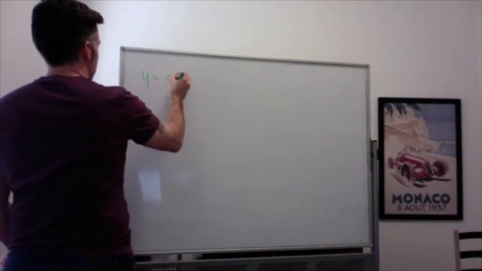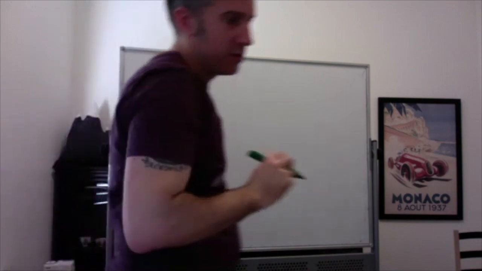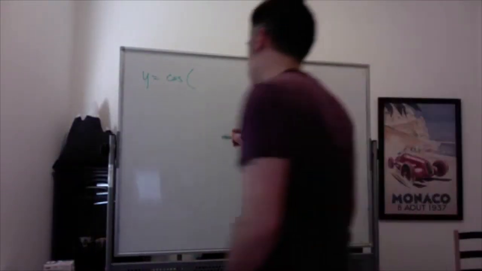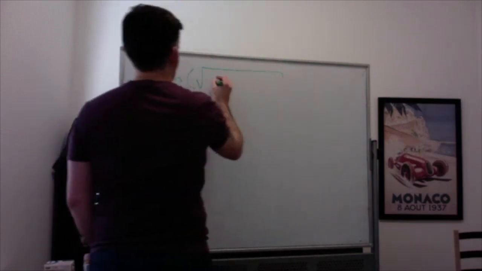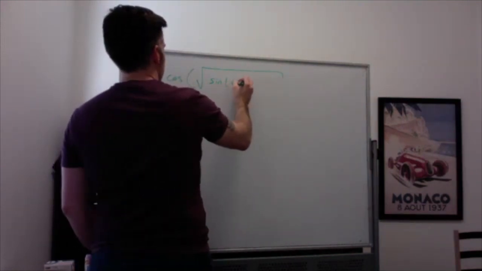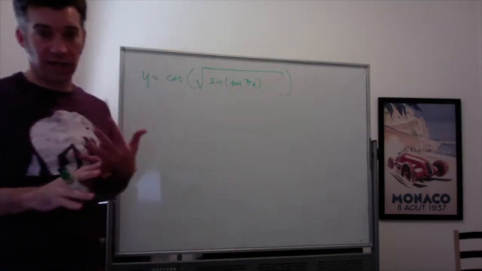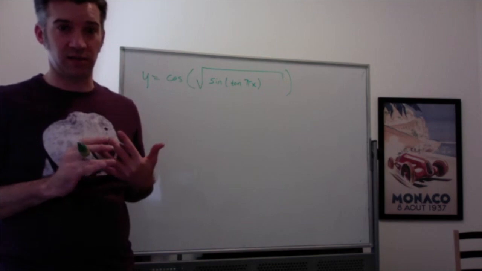So let's see. 35 is, I want to find the derivative of y equals cosine of the square root of sine of tangent of pi x. One thing I will caution you against is I've seen way too many people make mistakes here.